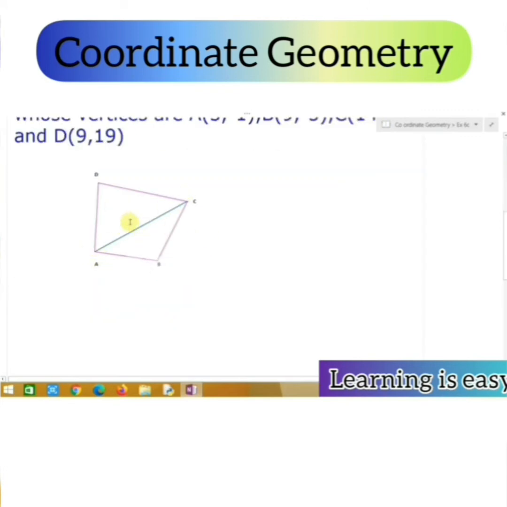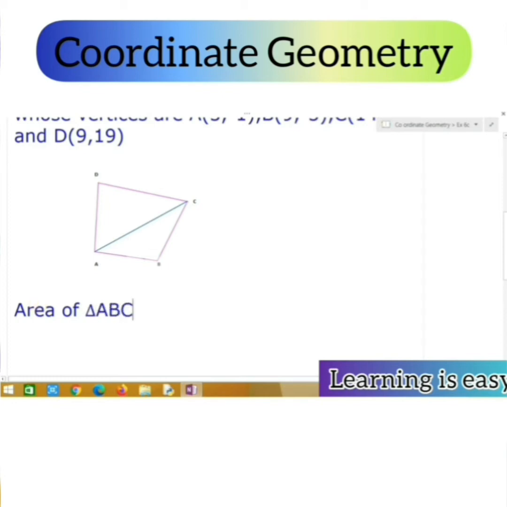That gives us the area of the whole quadrilateral. So ABC is one triangle, ADC is the other triangle. By calculating the two different areas and summing them up, we get the area of the quadrilateral ABCD.